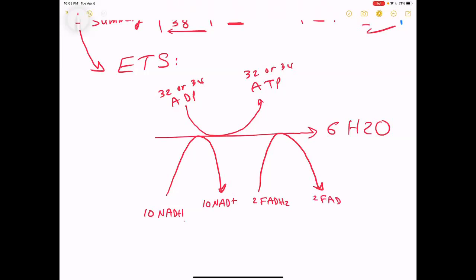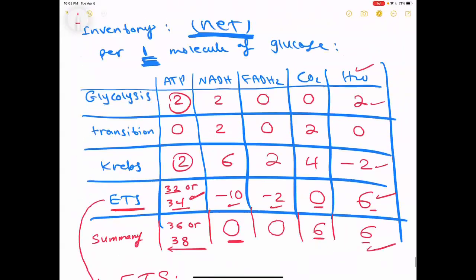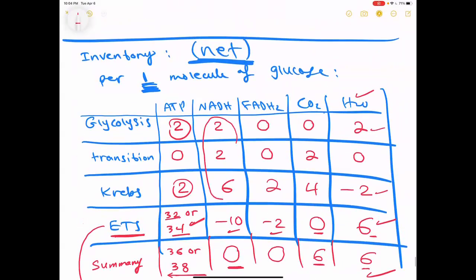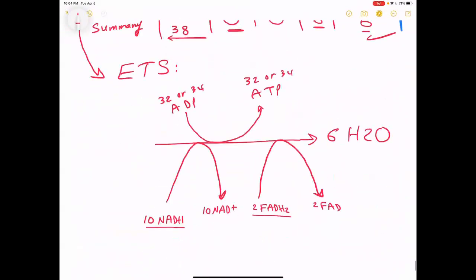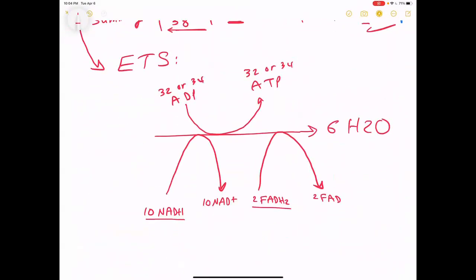So those 10 and those 2 are those 10 and those 2 that we generated in glycolysis, transition, and Krebs. So NADH is becoming oxidized into NAD plus, and FADH2 is becoming oxidized into FAD. They are losing the hydrogen.